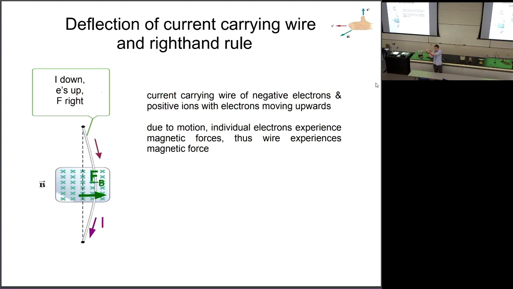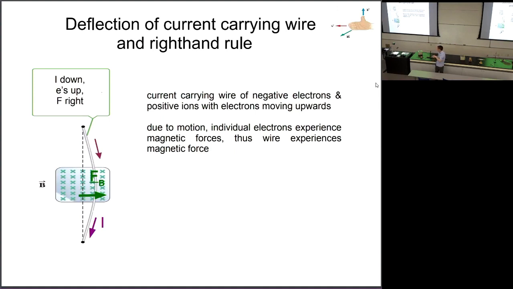This would be the direction of the force on a positive particle. My electrons are negative, so they experience individual forces that are towards the right. So whether you thought about the electrons themselves or the current as a whole, the force is going to be towards the right.